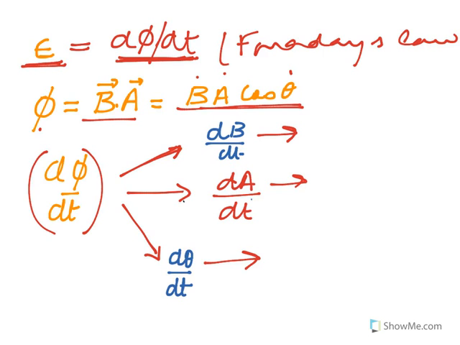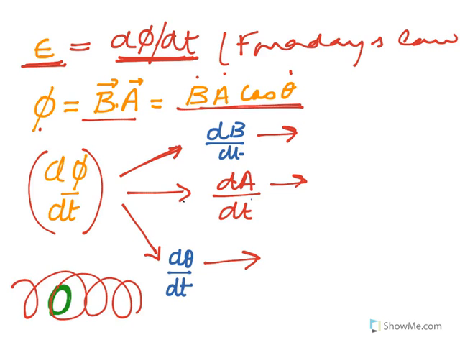Now in this case, the EMF is getting induced in the small loop which is placed inside the solenoid. So in this d phi dt, this phi is with respect to the flux linkages of this loop. Since we are not changing the area of this loop, dA dt will be equal to 0.